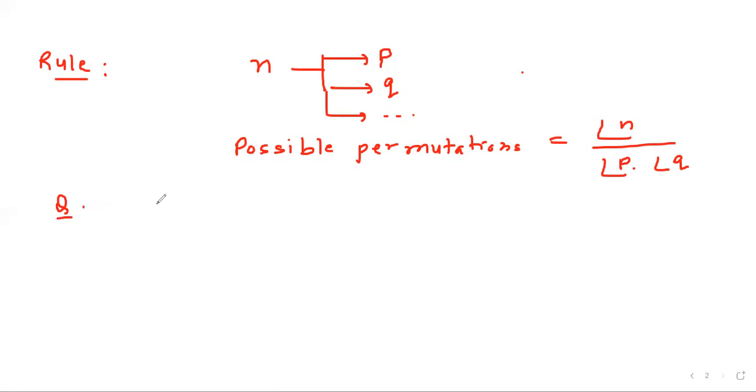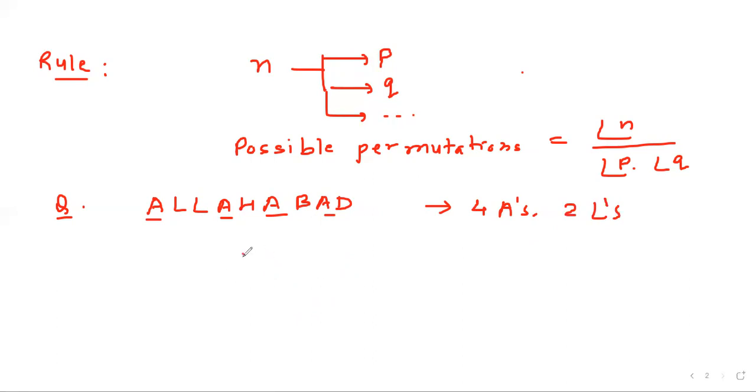In how many ways can the letters of Allahabad be arranged? Here, if we count, A is occurring 4 times, so 4 A's, and L is occurring twice, 2 L's.